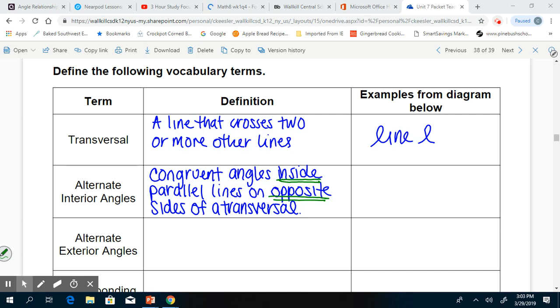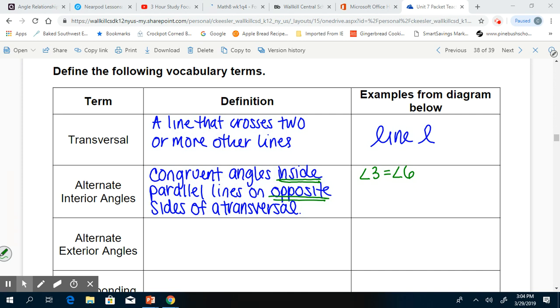So the examples from the first diagram, if you're looking at that carefully, we have inside the transversal 3, 4, 5, and 6, and we want the pairs that are congruent to each other. So if you look for two acute angles inside the parallel lines, those are the two alternate interior angles that are congruent. So angle 3 is acute, and that is equal to angle 6, which is also acute. 3 and 6 are both inside the parallel lines on opposite sides of the transversal.